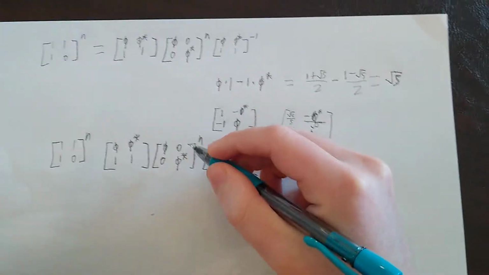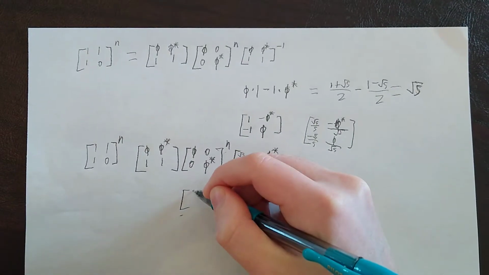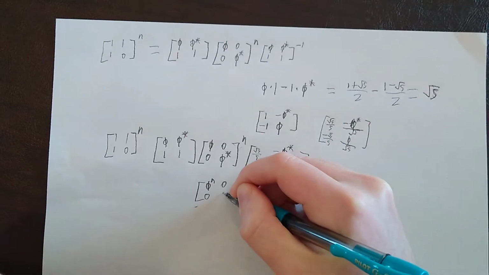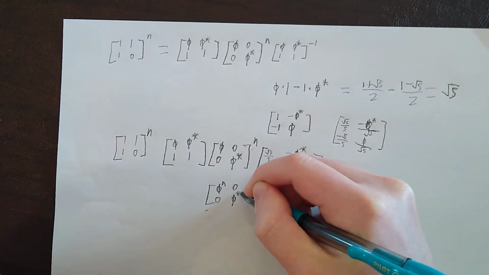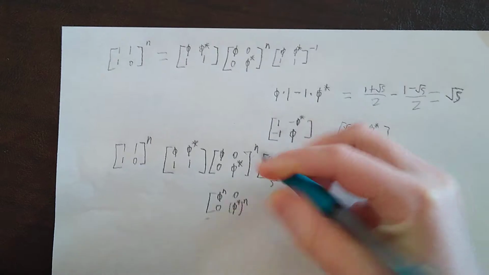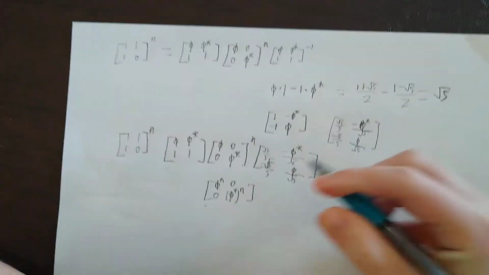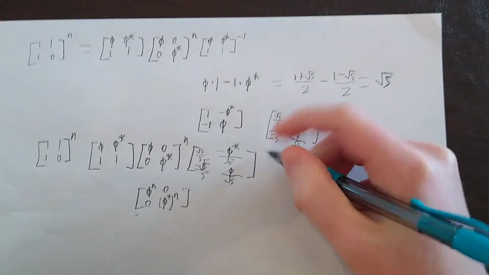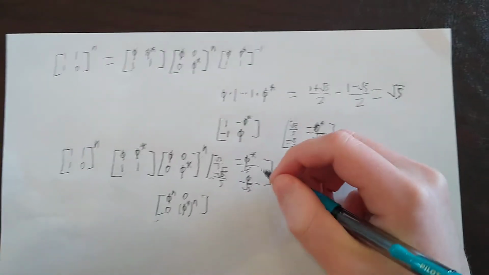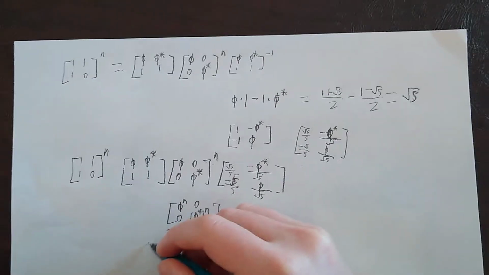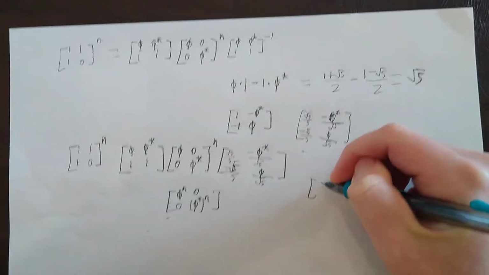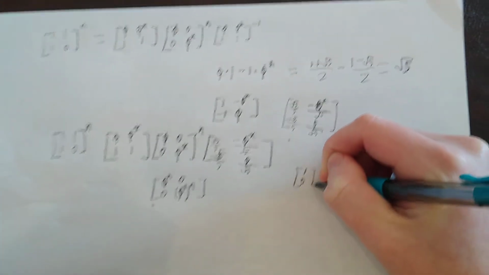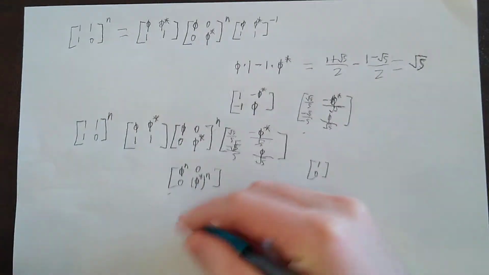Now, we know that this here is going to be equal to this here. So when we multiply this out, remember we need to put this vector here, the starting point.